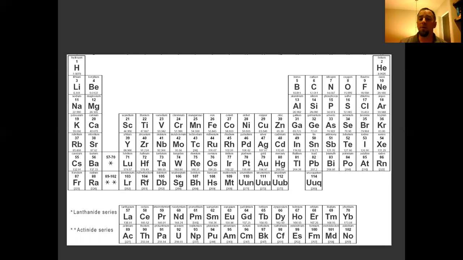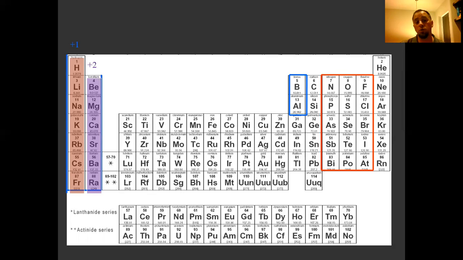On the periodic table, I also recommend getting a periodic table, shading in the different groups, and writing the charges on these. These are the ones that you will need to know. So, +1 charge for the alkali metals, +2 charge or 2+ charge for the alkaline earth metals.